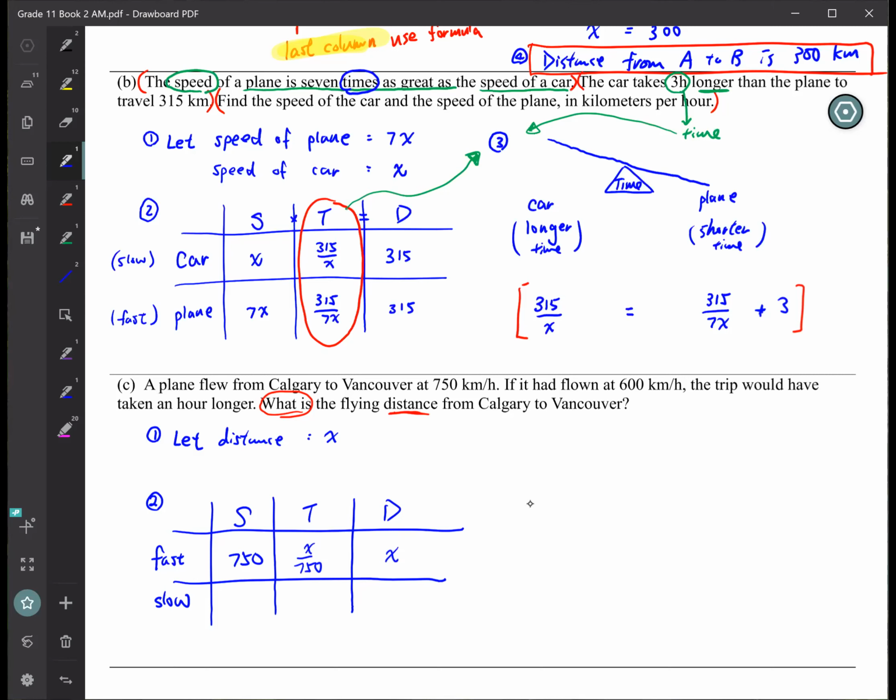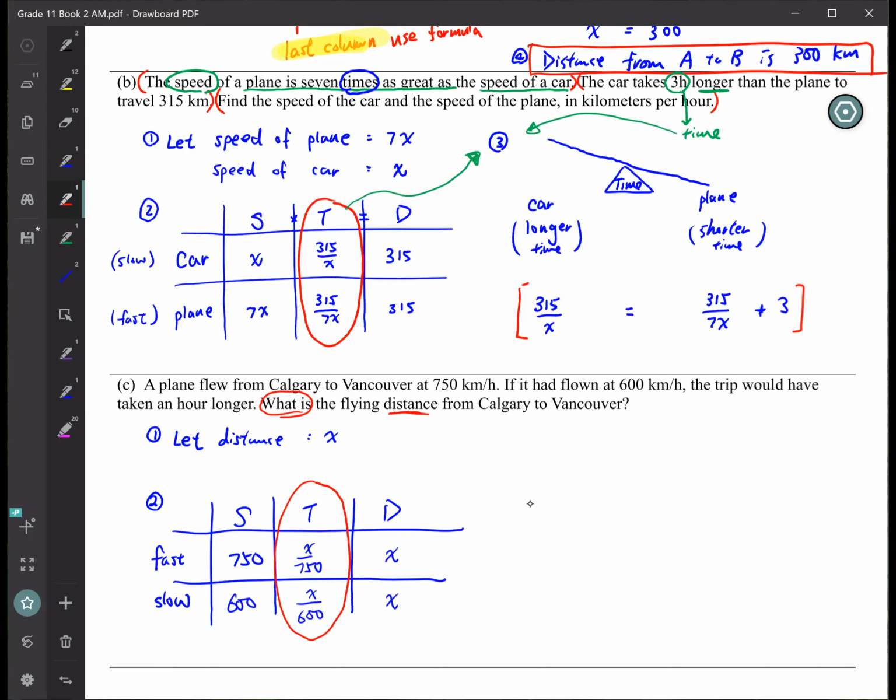Can you continue and tell us your slow trip? Speed 600. The distance is x. And the time is x over 600. So once again, the last column, which we need to use the formula for, is the middle one. It's not always the middle one, it depends.